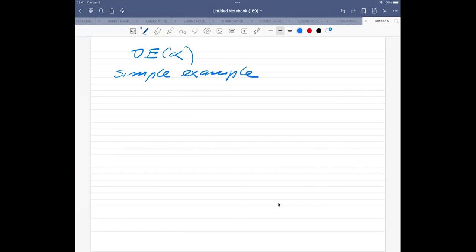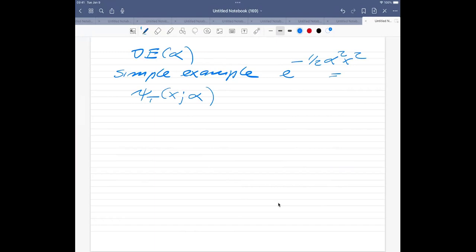Remember that the wave function is a complex function in general. The simple example is a function which we have seen many times before, our psi trial of x as a function of the variational parameter. This is the typical example which we are dealing with in project number 1.